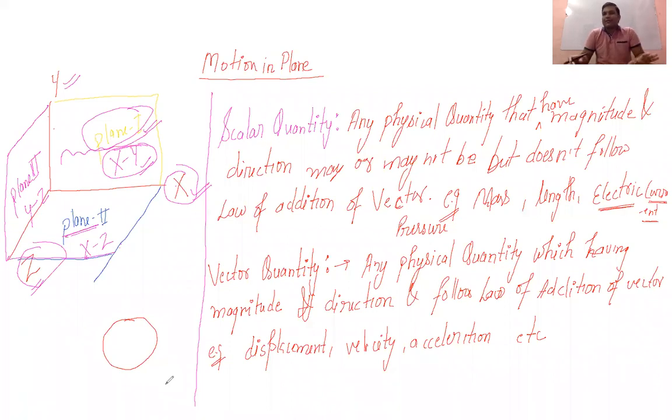It will be valid only for a two-dimensional lamina. Suppose this is a lamina, having length and breadth, and you are applying force like this. It has an area direction that is perpendicular to the plane. So in this case, it can.